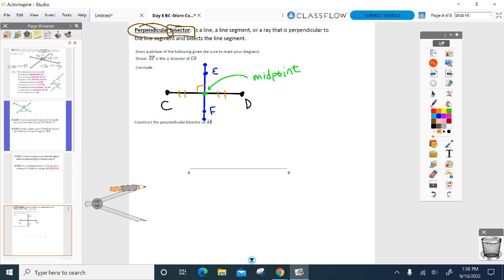So let's review now. I put my compass point on one of the endpoints, and anybody want to take it from here? Got to be over half the length of AB, so make sure you open it up over half the length. And remember, we're going to make a decent size arc, probably a half circle here.